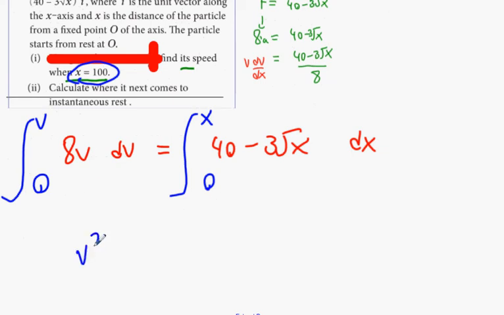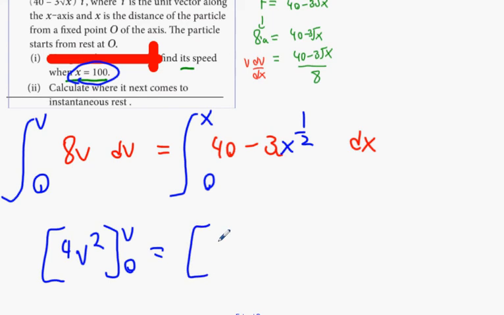Integrate that as 8v squared over 2, so on the outside it's going to be 4v squared, from v to 0. On this one, the root x can turn into x to the power of a half. So it's going to be 40x minus... the new power is 3 over 2 because you add 1 onto the power.